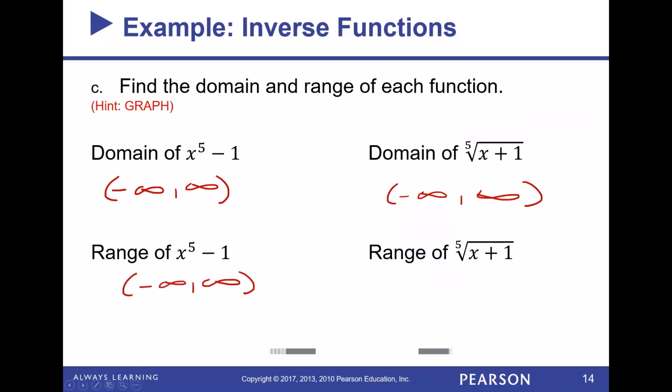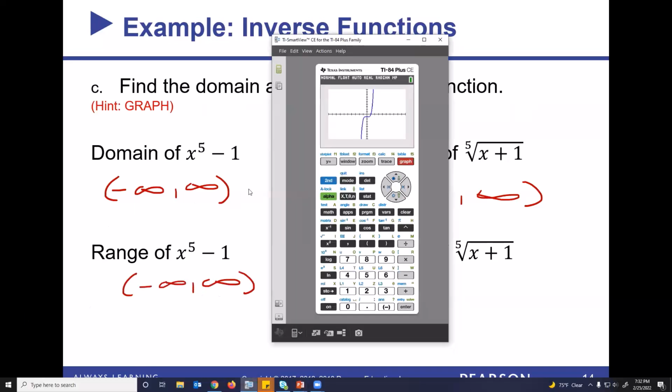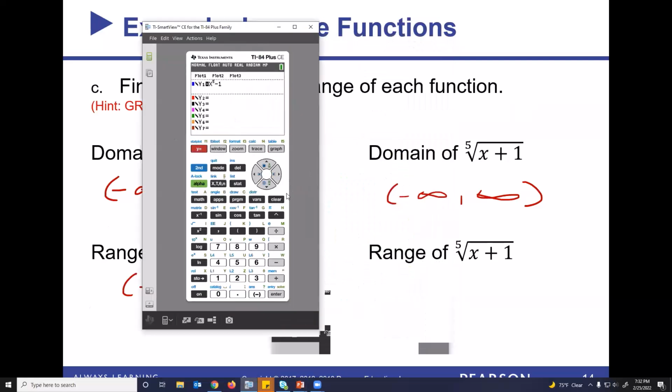Now, when I put in the 5th root, if you're not sure how to put a 5th root in, let's do the 5th root real quick. We're going to start by hitting 5. And then I'm going to go to math, and I'm going to hit number 5 here where it says x root. And that's going to put in the 5th root there. And then I'm just going to type in my x plus 1.